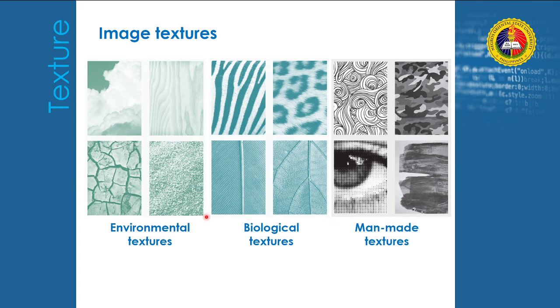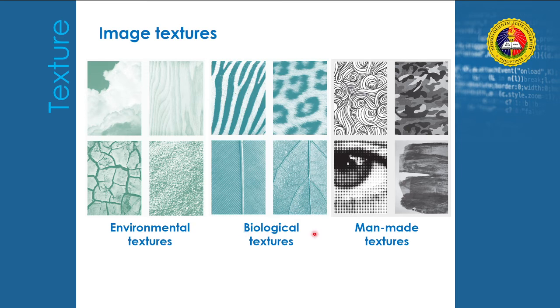For environmental textures, it can be wood grain, sand, water, and the stars in the sky, di ba? The textures that we can find in the environment, from the term suggests, from our surroundings. And then biological can be skin, fur, feathers, and animal prints. Biological textures are the textures that we can find on living things.